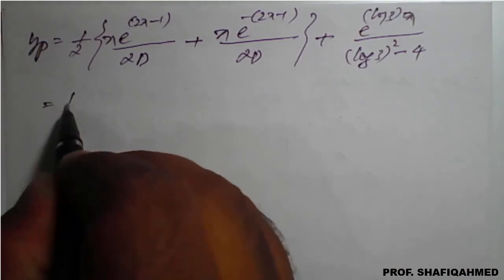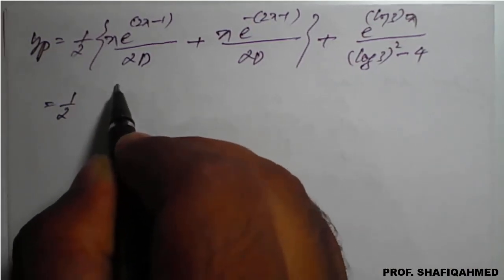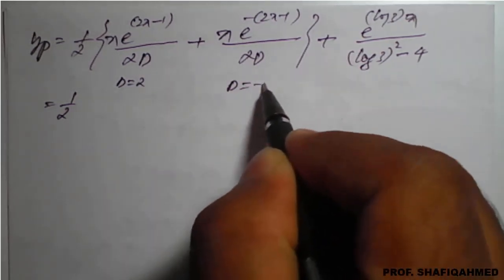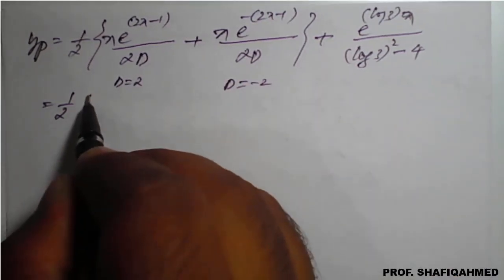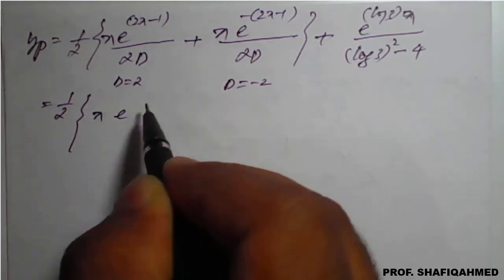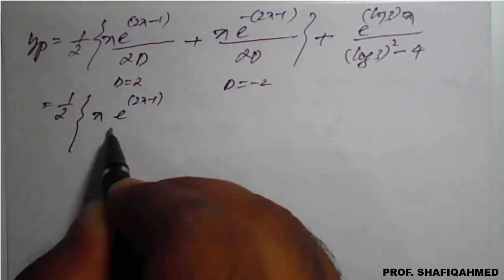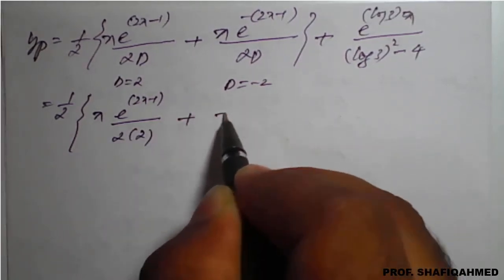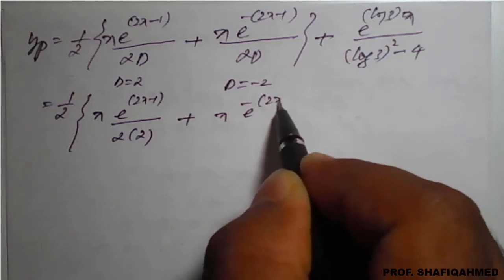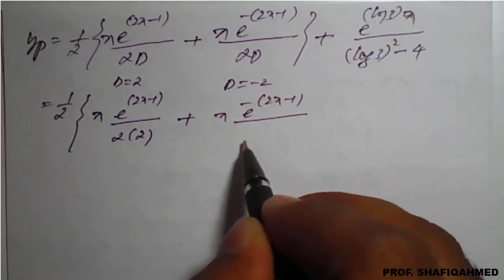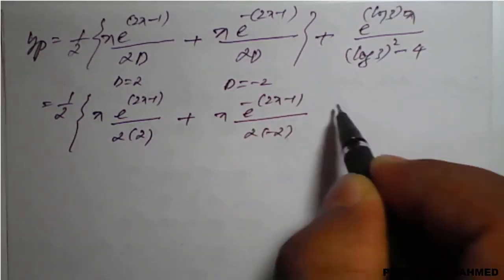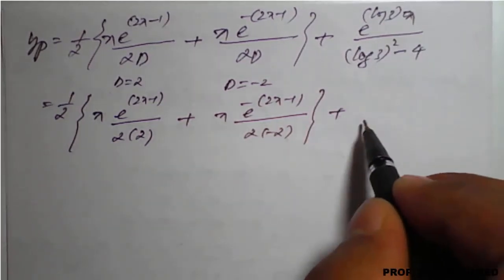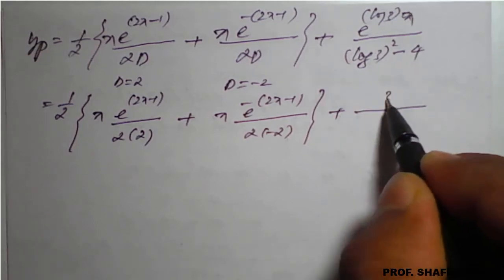So therefore 1 by 2 times, again d will be replaced by 2 and here d will be replaced by minus 2. So 1 by 2 times x into e raised to 2x minus 1 divided by 2 into 2, plus x into e raised to minus 2x minus 1 divided by 2 into minus 2, plus this e raised to log 3 into x, which is also nothing but 3 raised to x.